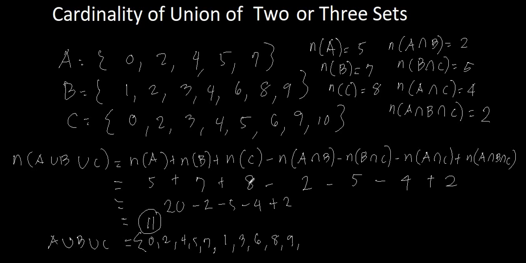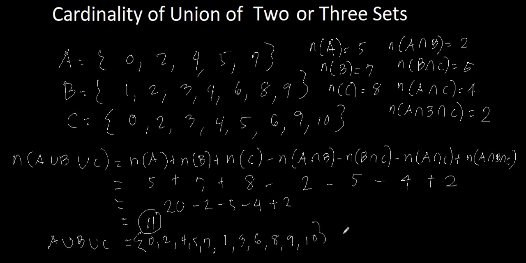Okay, this time we will list the elements of set C that are not found in A or B. So 0, we have listed already, 2, we have listed it already, 3, 4, 5, 6, and 9. And let's add one last element, 10.